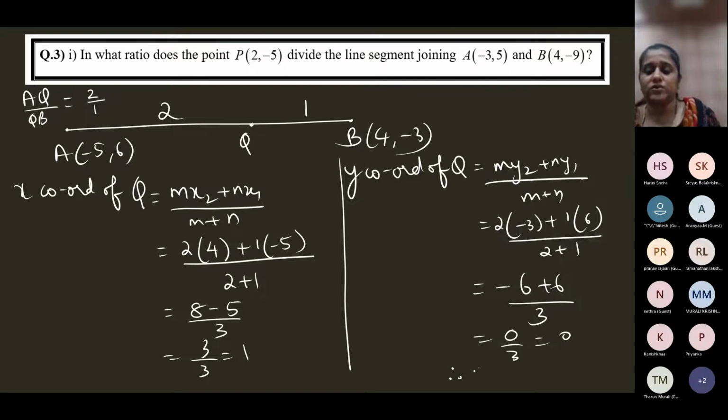Therefore, the coordinates of Q are 1, 0. You can also find Q using the midpoint formula. We'll also do that.